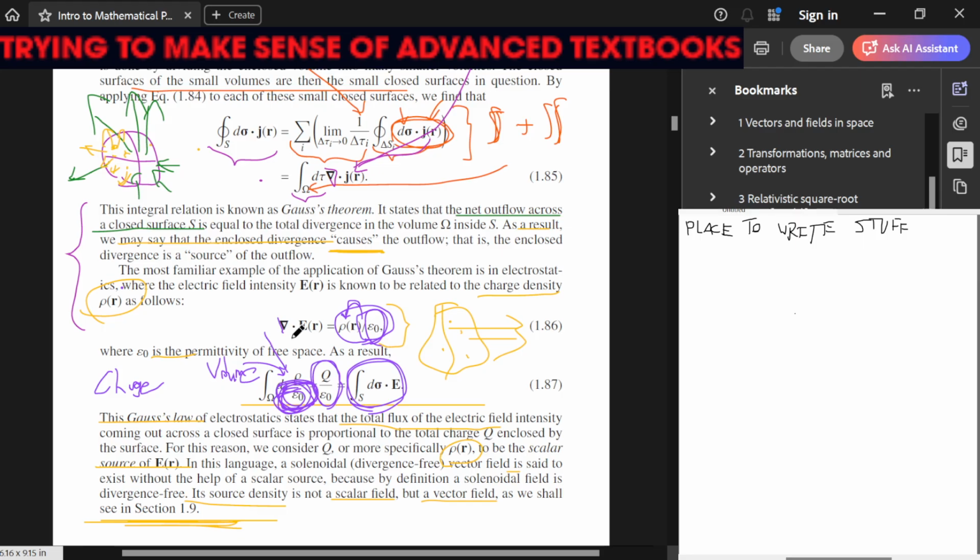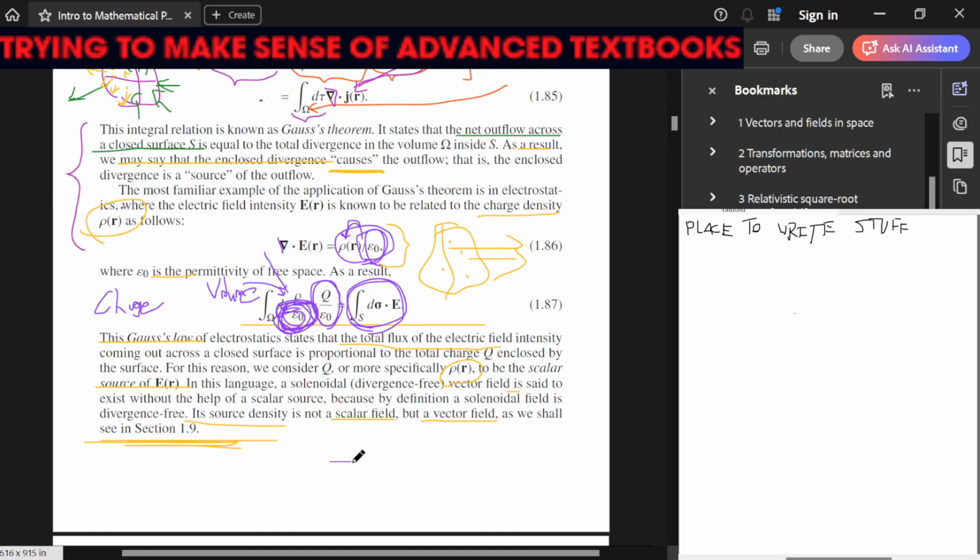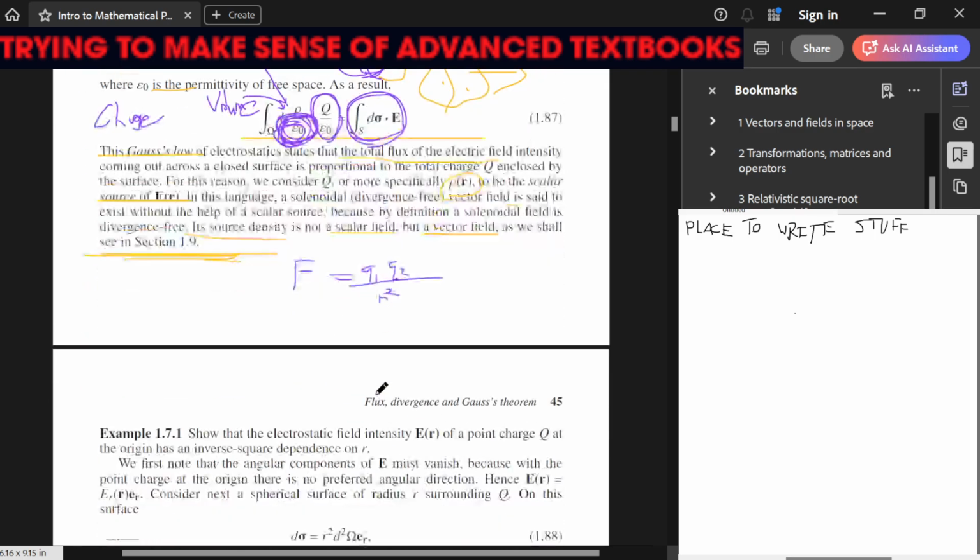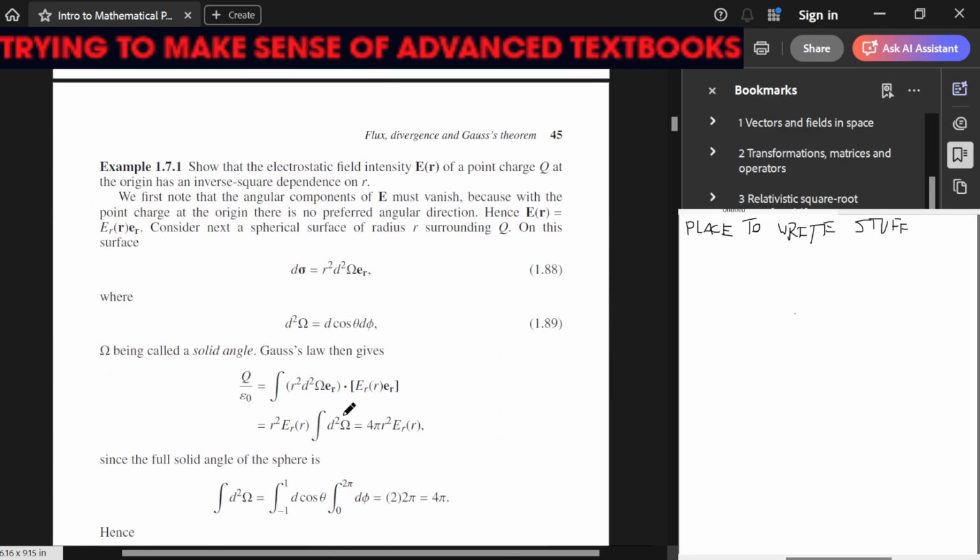Coulomb's law. What does Coulomb's law say? Is that the force equals Q1 Q2 over r squared, K, epsilon naught? One over epsilon naught K? Well, let us move on.